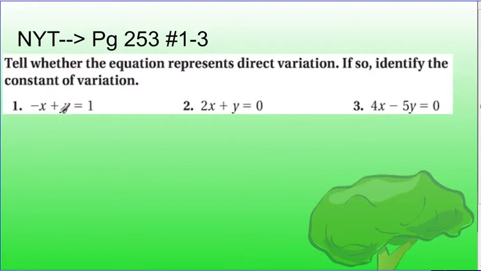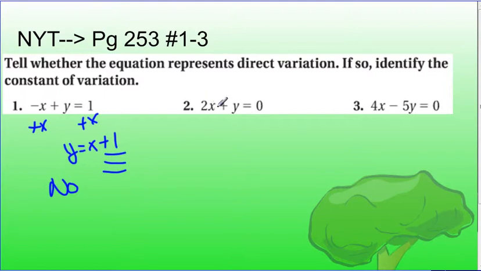Okay, let's go through them. Number 1, we're going to add x to both sides. Y equals x plus 1. That is not direct variation because this does not go through the origin. It has a y-intercept of 1.